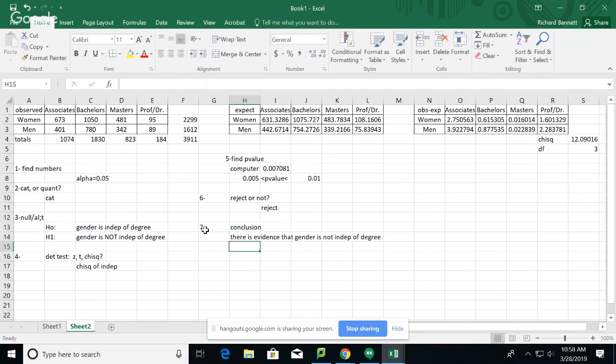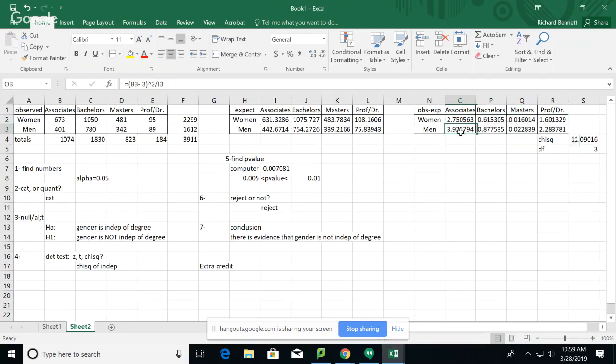Now, bonus. Do you want extra credit on this? Change the color of the graph. We say it's not independent. What are the biggest numbers that are out of whack? Which of these numbers contributes the most to the 12?